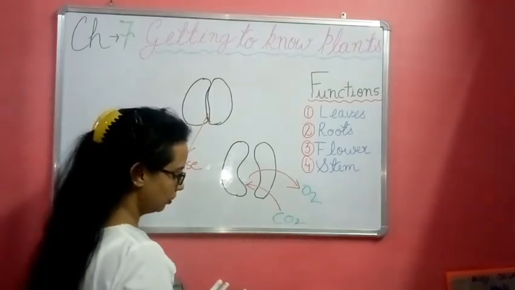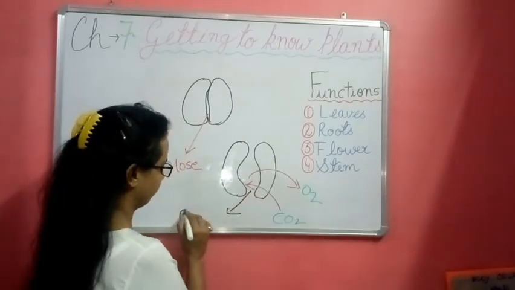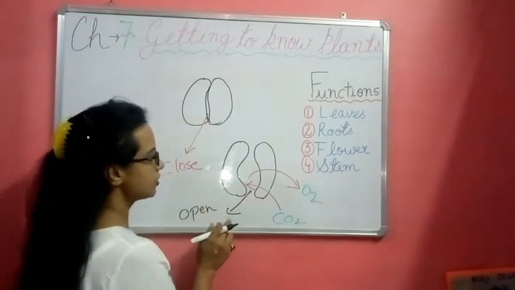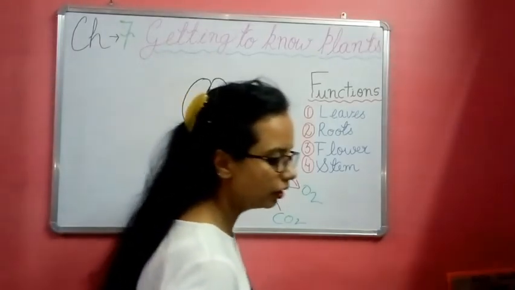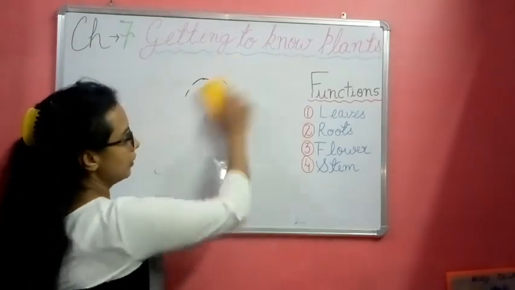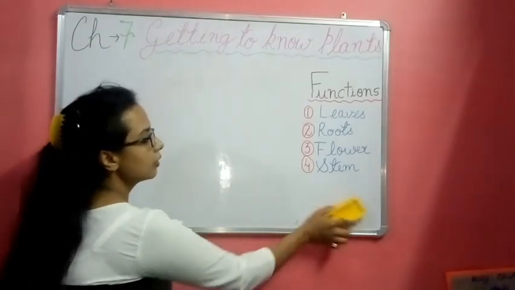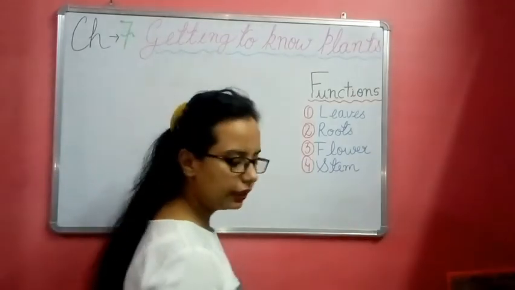So this is the open structure of the stomata and this is the closed structure of the stomata. And the stomata is also known as the guard cell of the leaves.